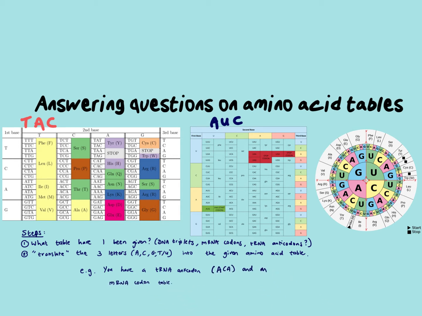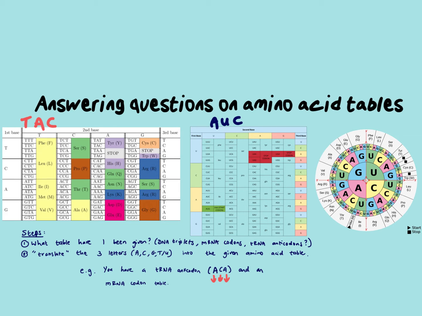But you've been given an mRNA codon table. You can't just plug in A, C, A, and then match it to that amino acid there. You need to convert, because you've got an anticodon, ACA, but an mRNA codon table, you first need to convert ACA into a codon using your complementary base pairing.